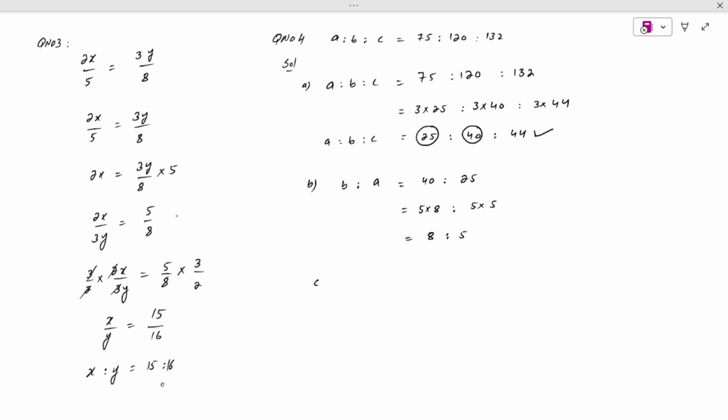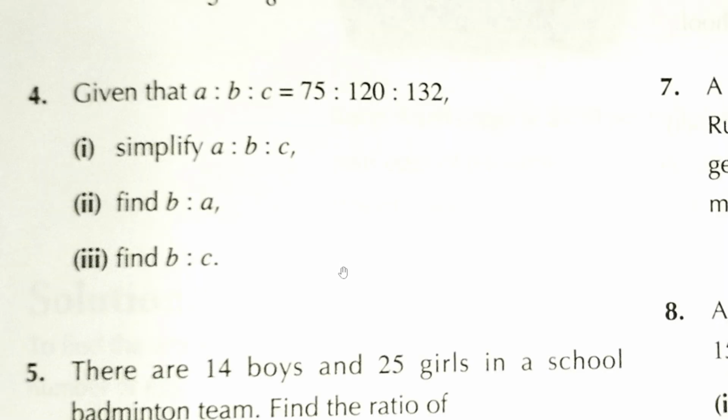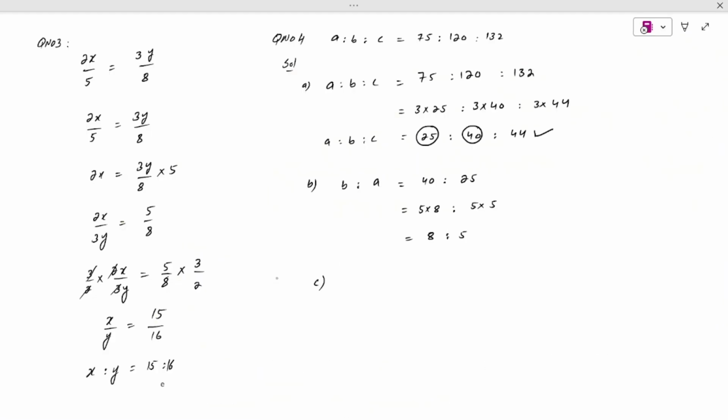Now part C is to find B ratio C. This is the value of B in the given ratio, and this is the value of C, that is 40 ratio 44.